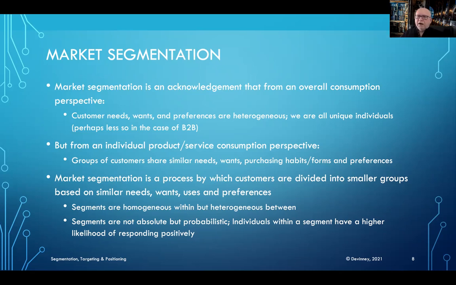So if there are 5 segments and you have a 20% probability of being in each of the segments, that's random. And that doesn't really help the firm very much in terms of targeting specific individuals. It's going to want to have 80-20. There are 5 segments, you're in 2 of them. One you're in 80% of the time, the other one you're in 20% of the time.